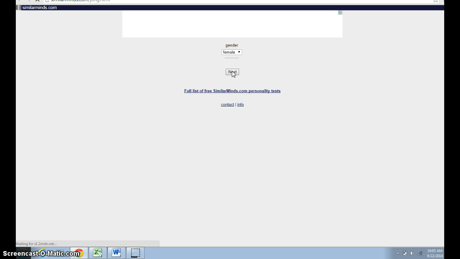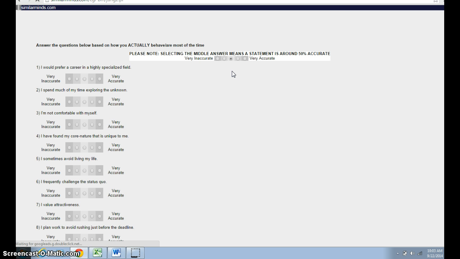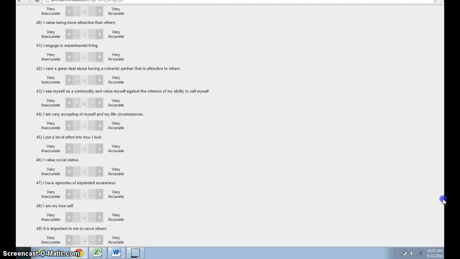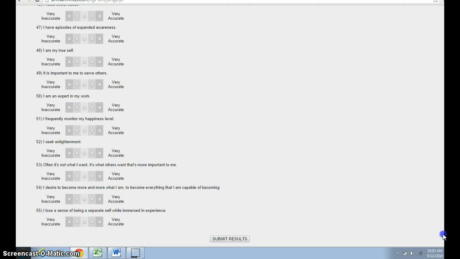And it will load a 60-question survey. And they either answer it, very inaccurate is way over here, very accurate is over here. They need to answer it to the best of their ability. If they don't know a word, they need to look it up. And it's 55 questions. When they submit their results, it's going to give them 4 letters, and they need to write those 4 letters down.